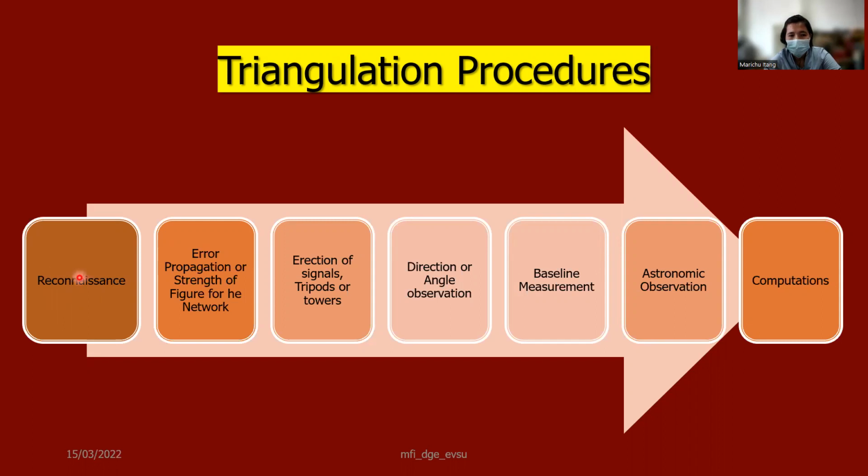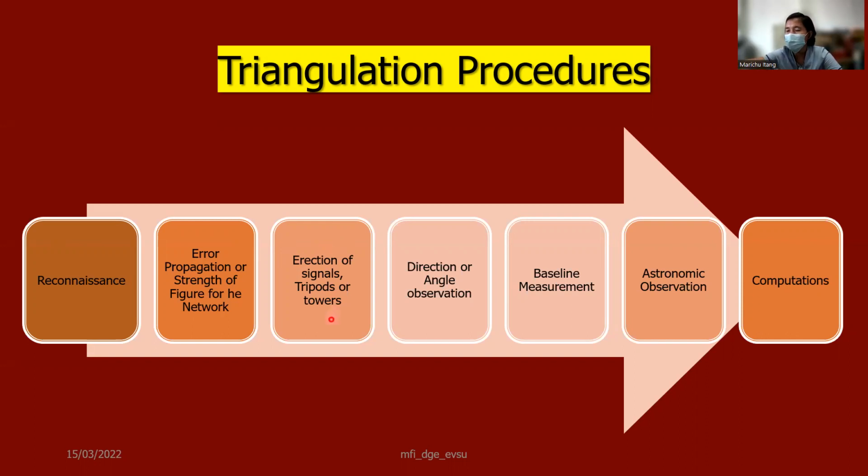So once the design is established, next is error propagation, or the strength of figure of the network. Once the design is established, we are going to determine the strength of figure. We will discuss that later, and then the erection of signals, tripods or towers.